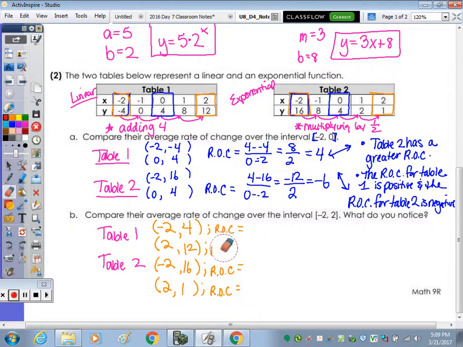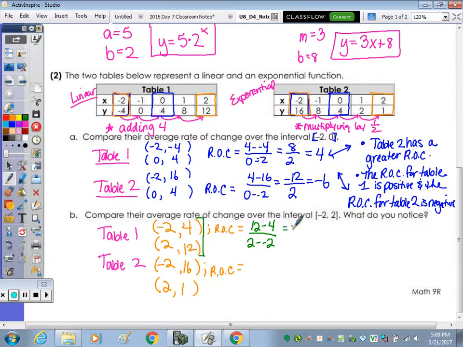I only need 2. Oops, let's get rid of that. I got a little carried away with the rate of change because we're looking at the rate of change for these 2 points. So y2 minus y1 would be 12 minus 4 over 2 minus -2.